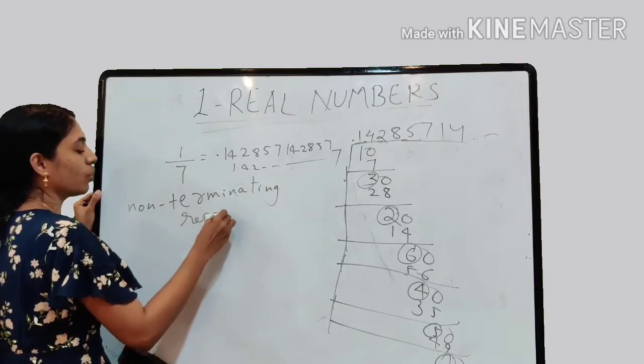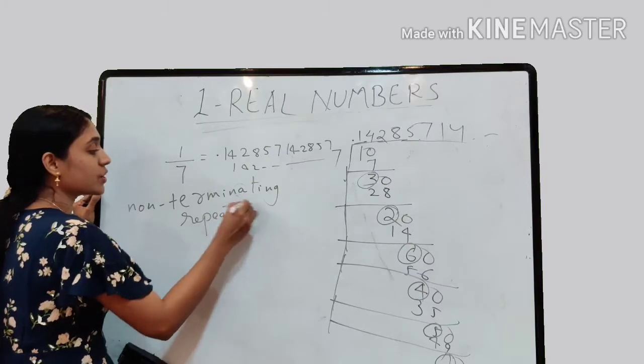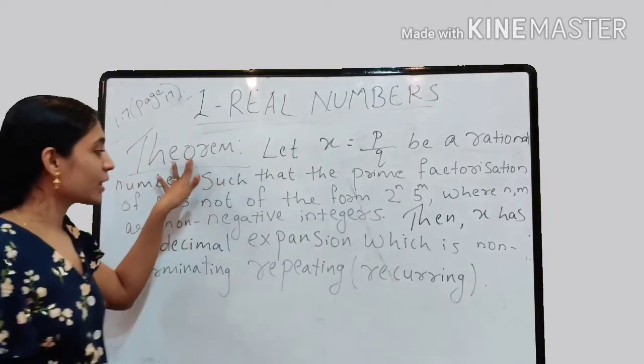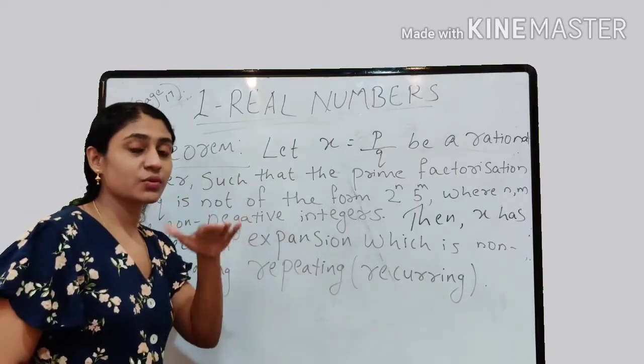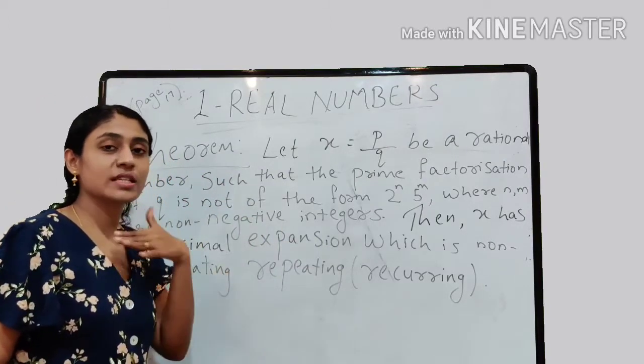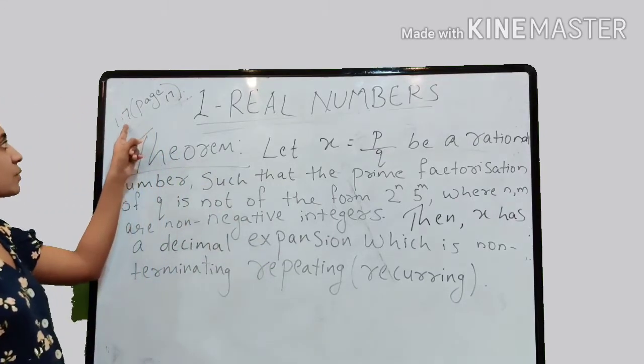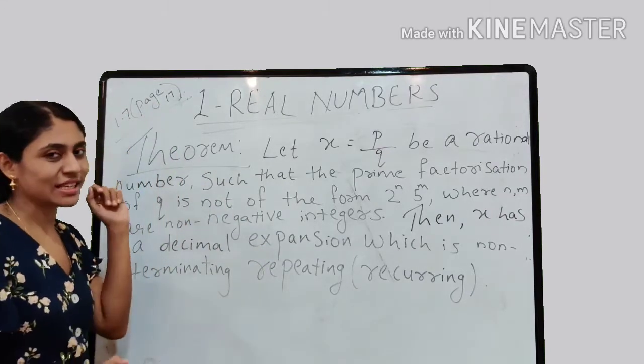So there is a theorem which is defined for such rational numbers, that is for such rational numbers whose decimal expansion is non-terminating repeating. And the theorem is 1.7, page number 17 in our textbook.